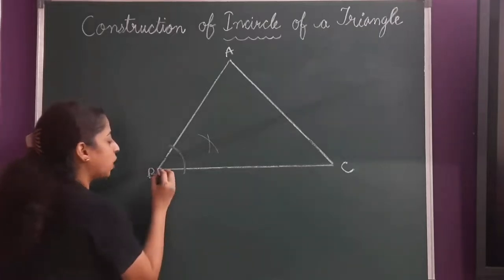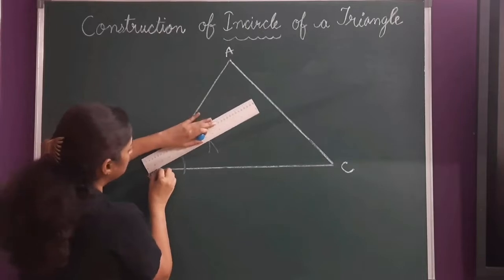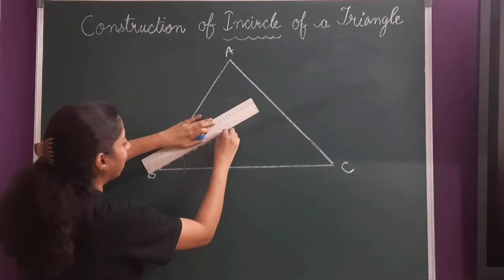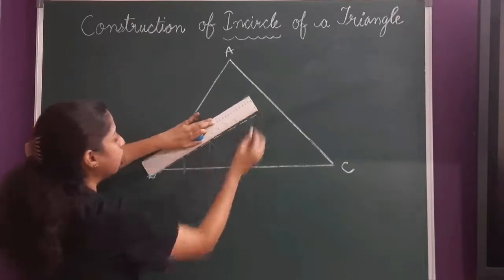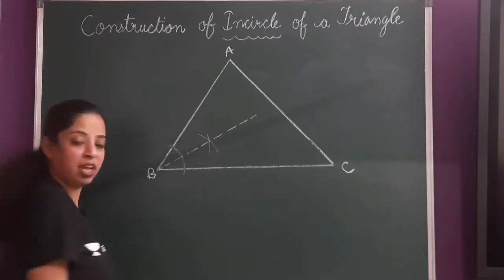Now simply join the vertex B and this point with a dotted line. So this line is basically the angle bisector of angle B. Okay, so I have drawn a dotted line and kept. Now I will draw an angle bisector of C. Watch again very carefully.